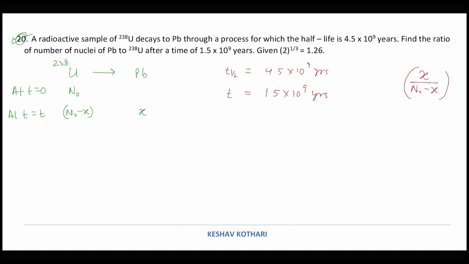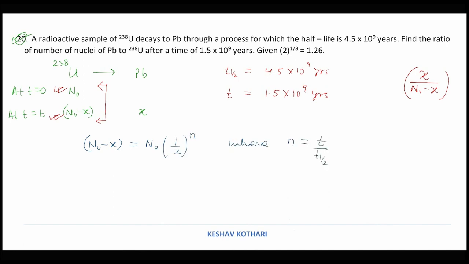So over here it must be kept in mind that whenever we are writing radioactive equations, we use NT as this and N0 as this. So if we proceed with this particular problem, I can say that N0 minus X is equal to N0 times (1/2)^n, where n can be written as T upon T half.